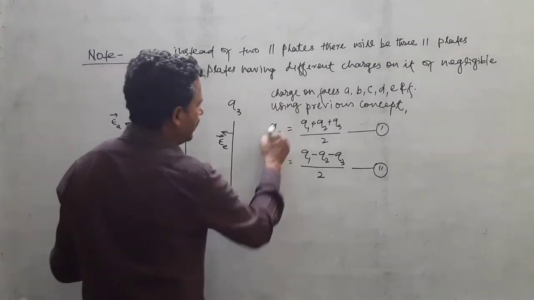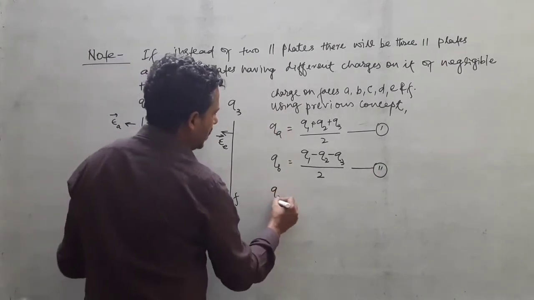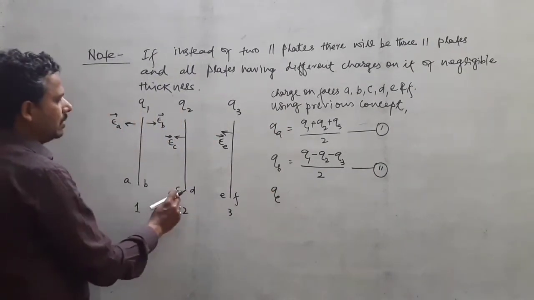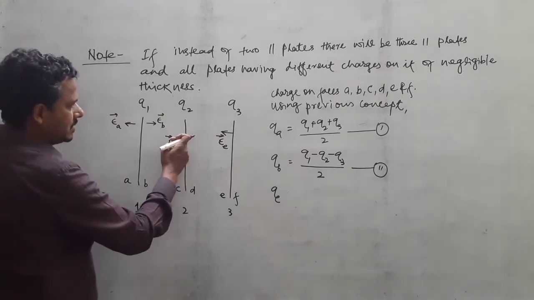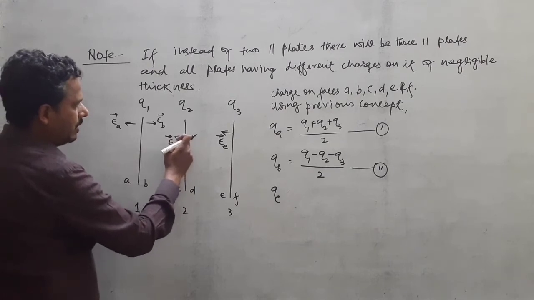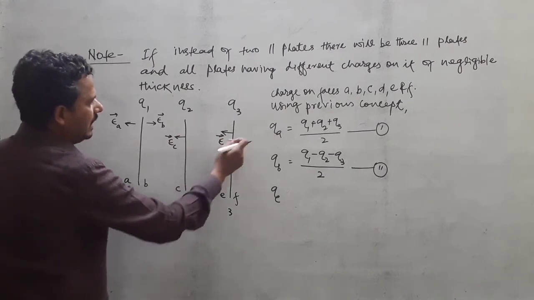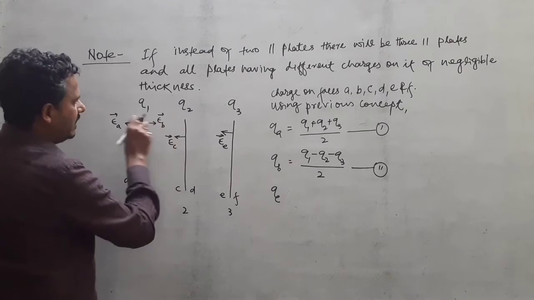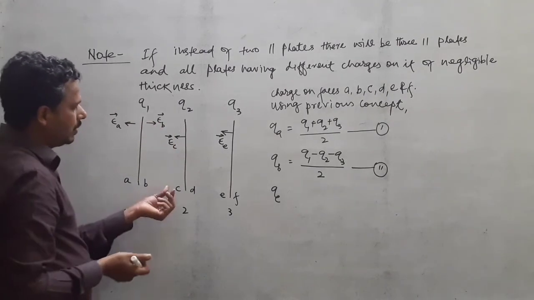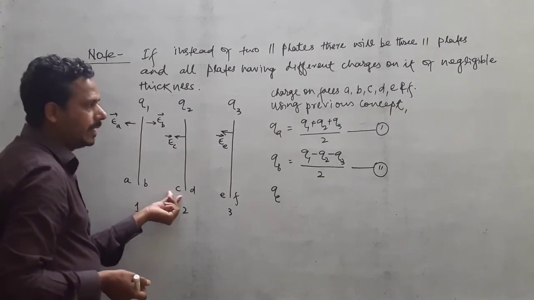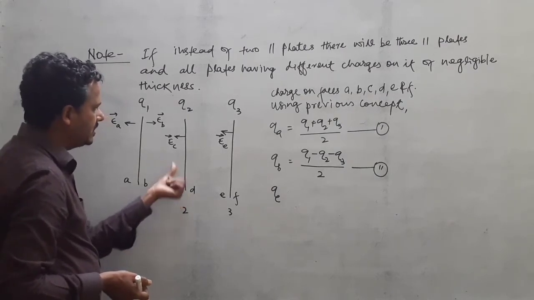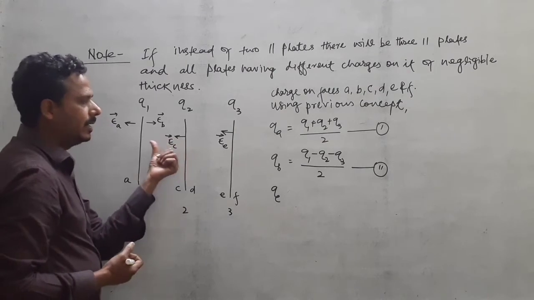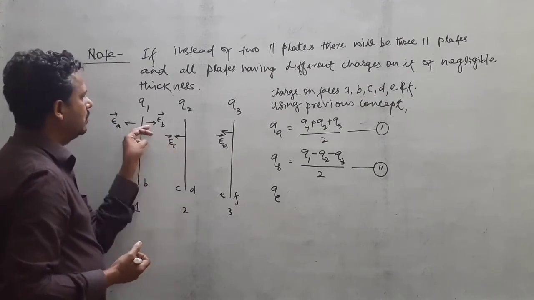Now again you want to find the charge on this face C. So here you can see that C's electric field is in this direction. Now EE is in this direction, but your EB is in this direction. But because you are finding the charge on this face C, you have to take this left direction as priority, so this one will be negative.